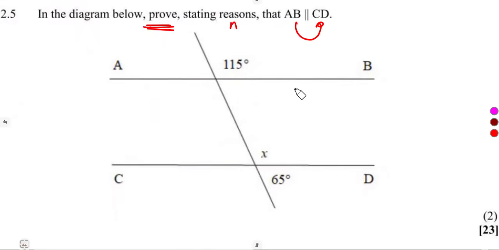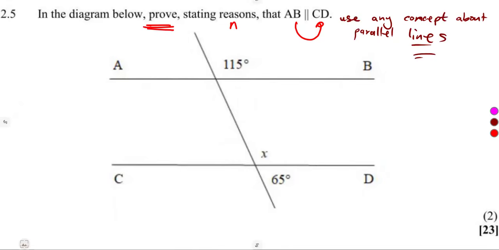To prove, you must use any concept that you know about parallel lines, because you are not told that they are parallel. So use any mathematical concept about parallel lines. As long as it is valid, therefore these two lines will be parallel. So what can we do?